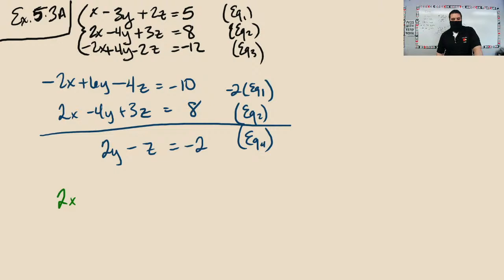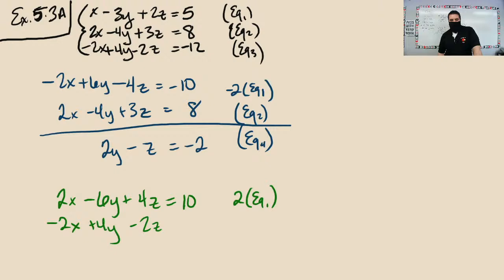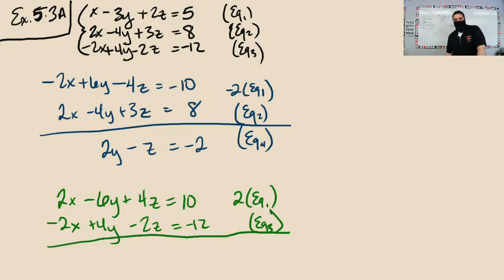So we're going to have 2x minus 6y plus 4z is equal to 10. This will be 2 times equation 1. And then we're going to take equation 3 with -2x plus 4y minus 2z is equal to -12. And this is equation 3. We're going to perform elimination on this to get rid of the x variable, and we will call this equation 5.